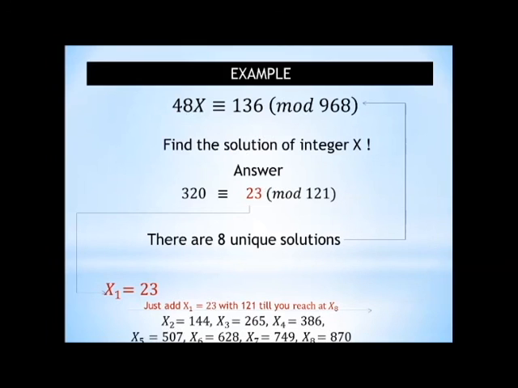And you get x3 is 265, x4 is 386, x5 is 507, x6 is 628, x7 is 749, and the final one, x8, is 870.